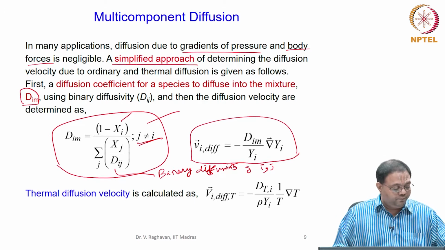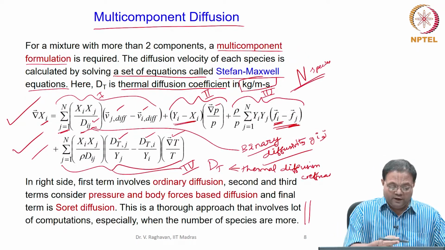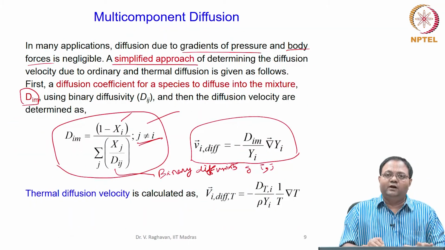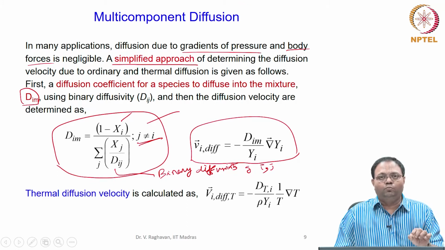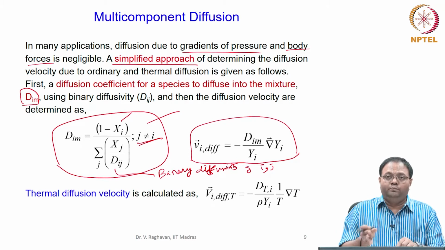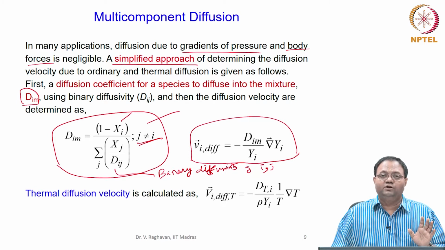So instead of solving n equations of the gradient of xj, I am just solving an algebraic equation like this. At a given point, we know the mole fractions of all the species. Using that and the binary diffusivity of any pair of species, I can calculate DIJ, then finish this calculation of DIM.